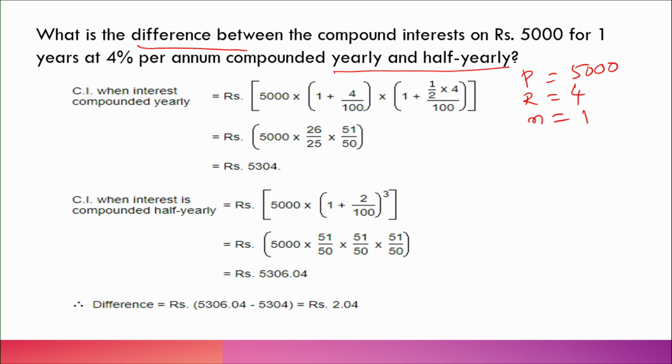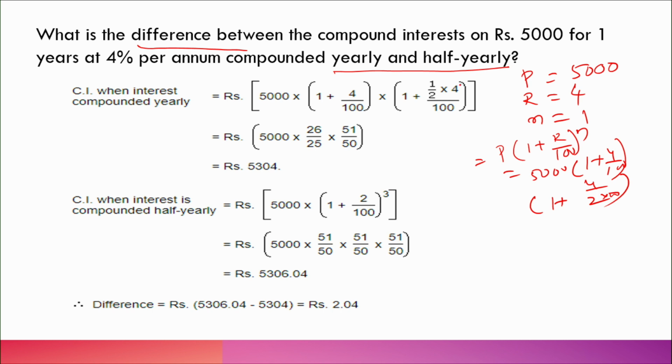Okay. Then the value becomes, by the formula P (1 plus R by 100) whole power n, 5,000 times (1 plus 4 by 100). Now for half yearly, you have to add half more year, so 1 plus 4 by 2 into 100, and multiply this. So 5,000, 1 plus 4 by 100 is 26 by 25.